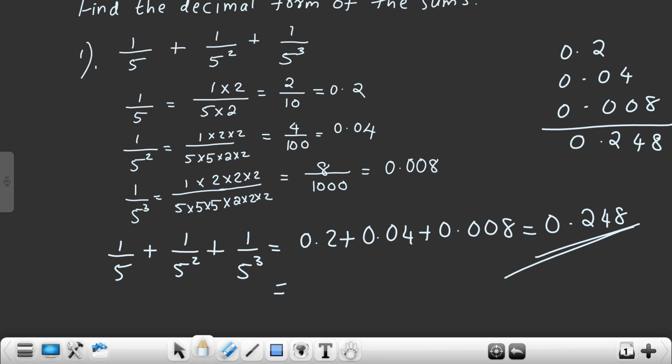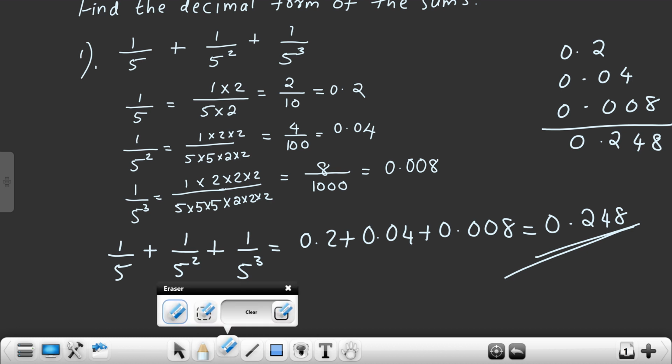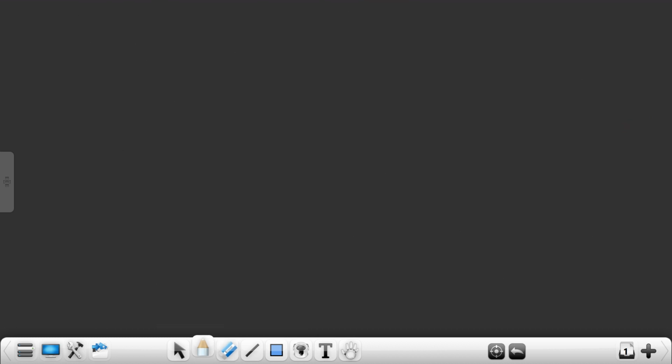Okay, one more question. 1 by 2 plus 1 by 2 square plus 1 by 2 cube. So first we want to convert into decimal form.